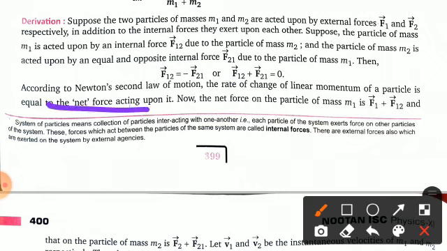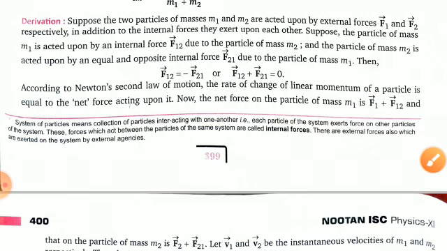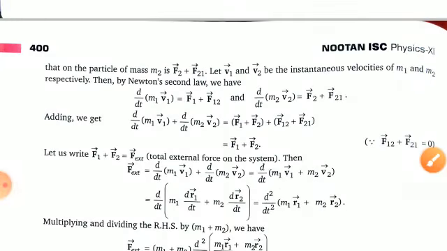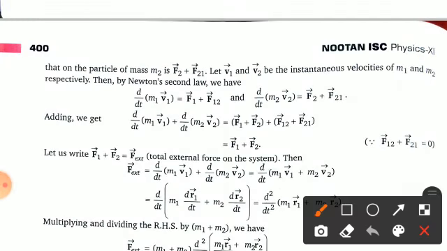The net force on the particle of mass m1 is F1 plus F12, the external force and the force exerted by mass 2 over mass 1. Mass m2 likewise experiences F2 plus F21.